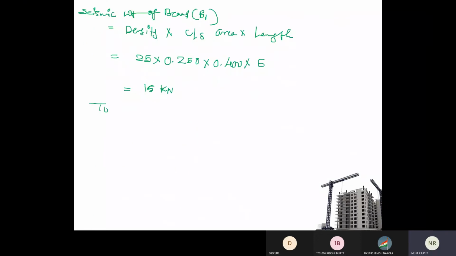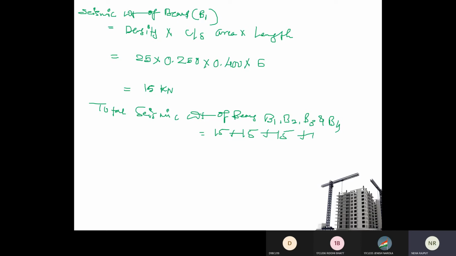So here you can write total seismic weight of beams B1, B2, B3 and B4 is equal to 15 plus 15 plus 15 plus 15, which is 60 kilonewton. Correct? Yes.